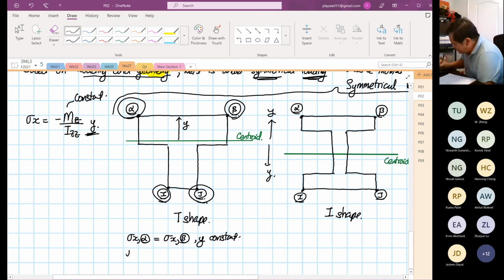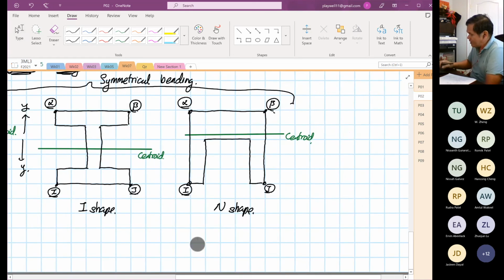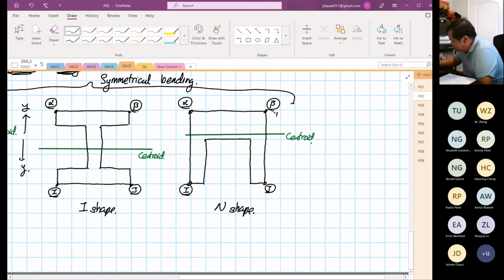Then stress X at point I is equal to stress X at point J, because the y is also constant. So the distance from here to here is the same from point I and point J. If you look at N, this distance is also the same for alpha and beta, and this distance is also the same for alpha and beta.